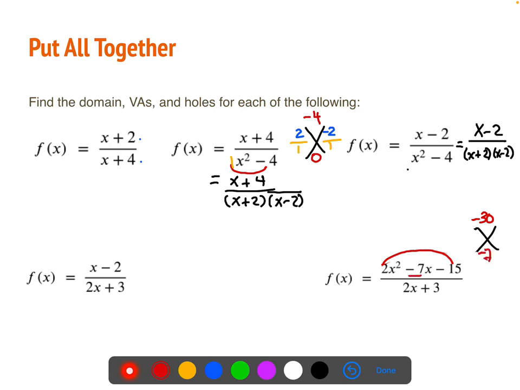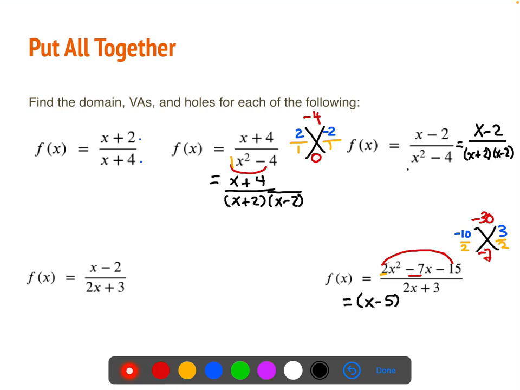2a times c is negative 30. And b goes on the bottom. Now I have to think of two numbers that when I multiply them, I get negative 30. But when I add them, I get negative 7. That's negative 10 times 3. Makes negative 30, but when I add them, I get negative 7. Divide by a.